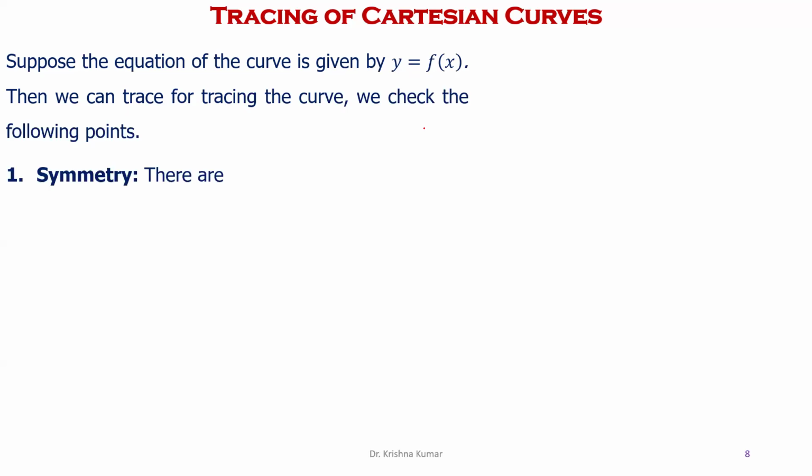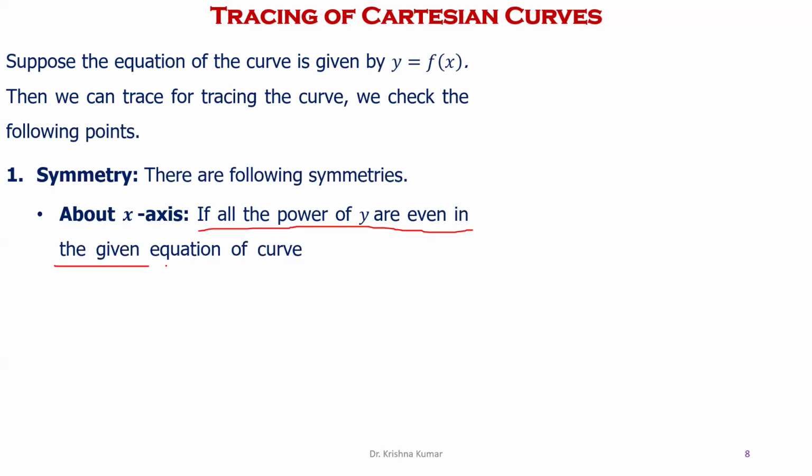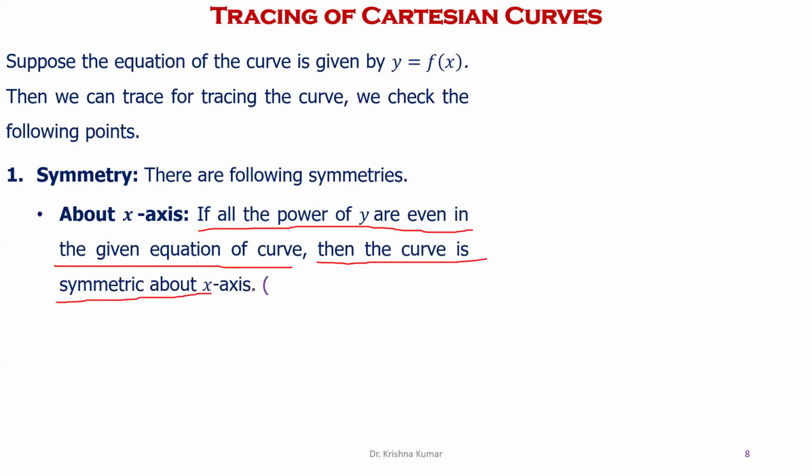The first point is symmetry. There are the following symmetries. The first one is about the x-axis. If all the powers of y are even in the given equation of the curve, then the curve is symmetric about the x-axis. Let us take the example y square is equal to 4ax.